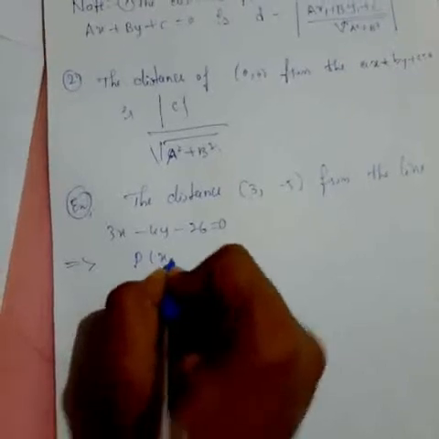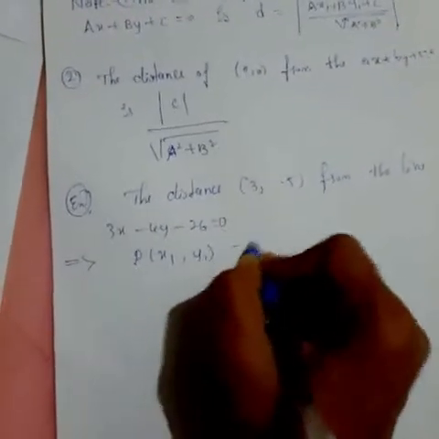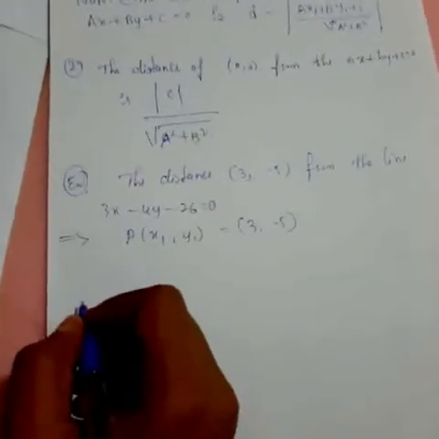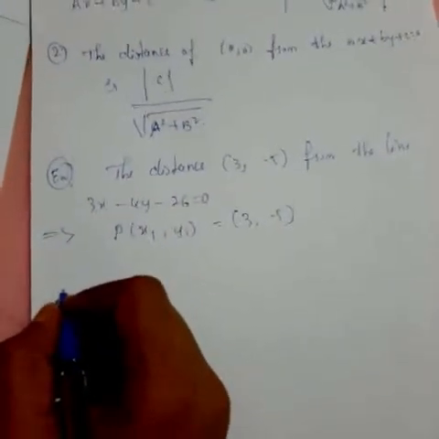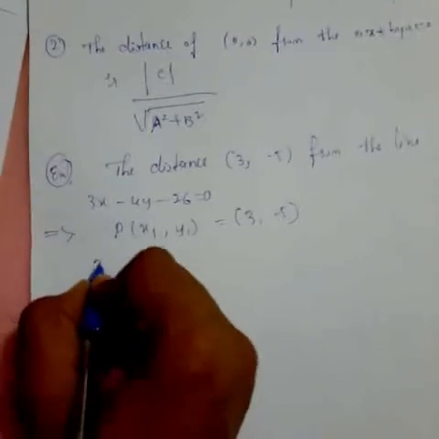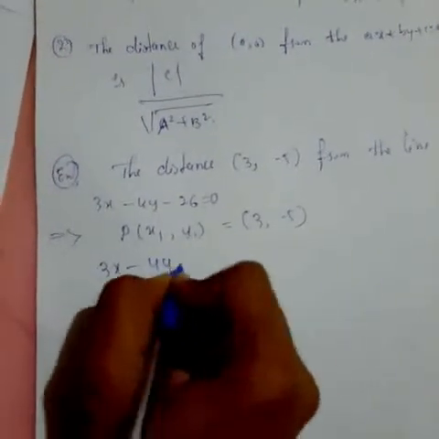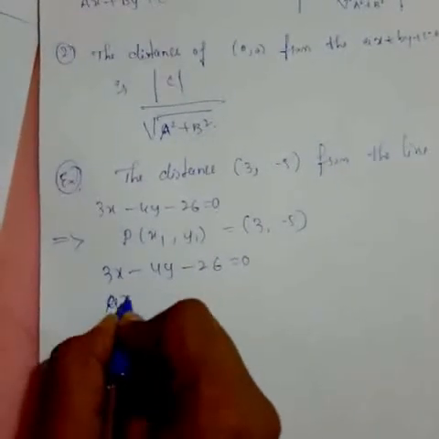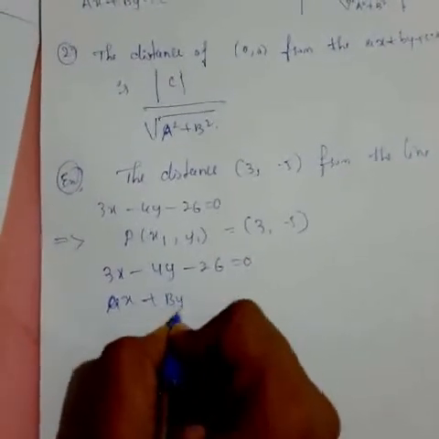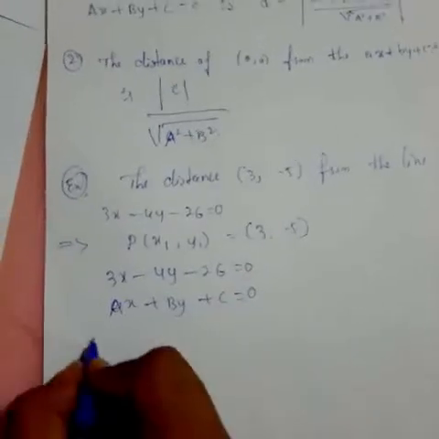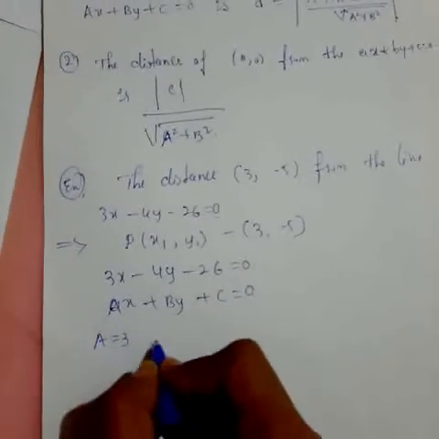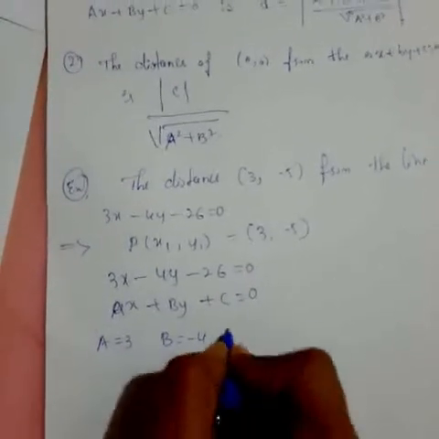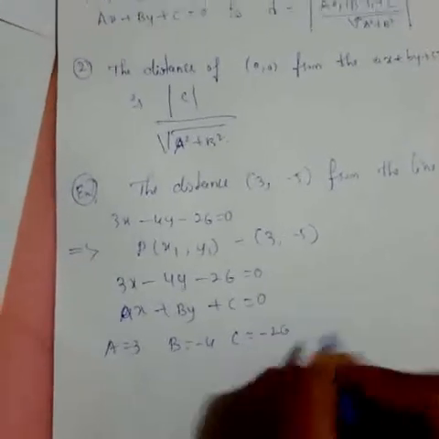The P of x1 comma y1, the given point is what? 3 comma minus 5. This is nothing but x1 is 3, y1 is minus 5. The given line is what? 3x minus 4y minus 26 is equal to 0. Compare this equation to capital AX plus BY plus C is equal to 0. You will get capital A is equal to 3, B is equal to minus 4, C is equal to minus 26.